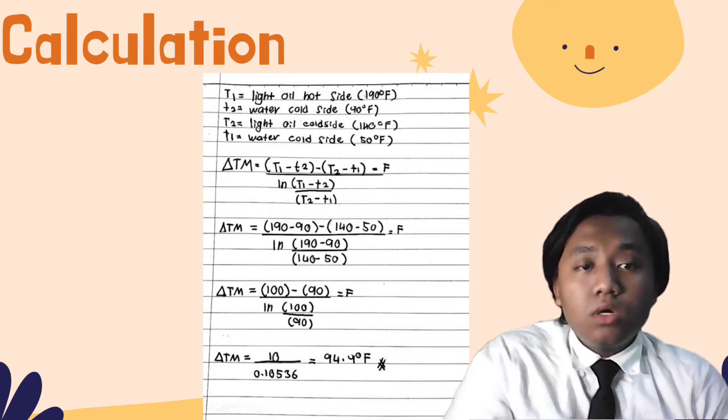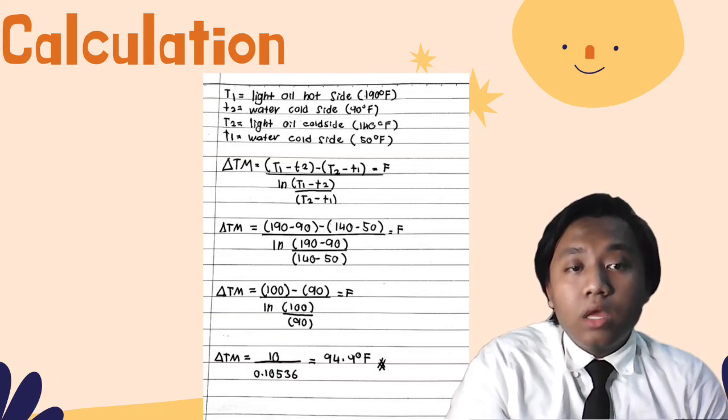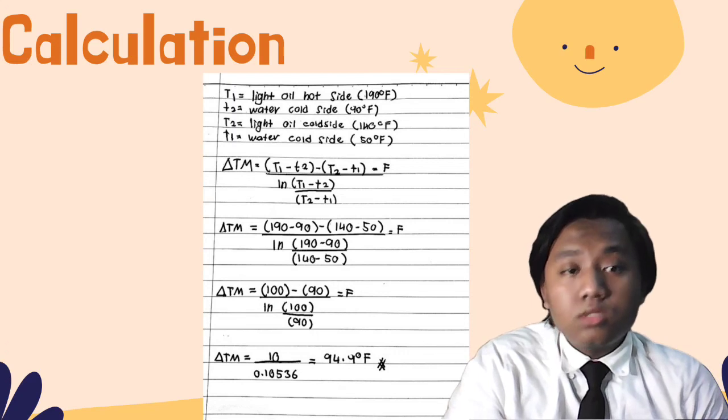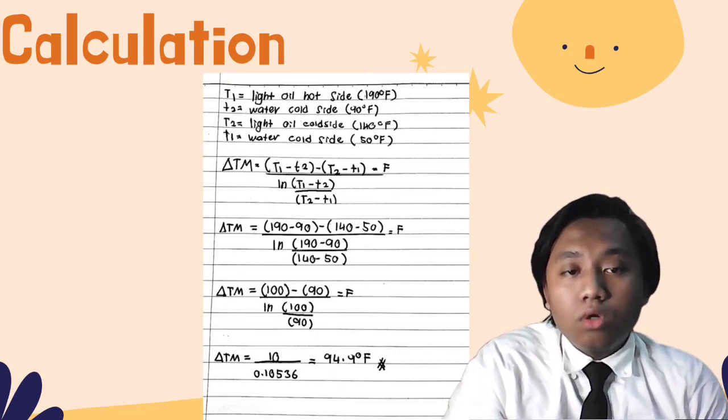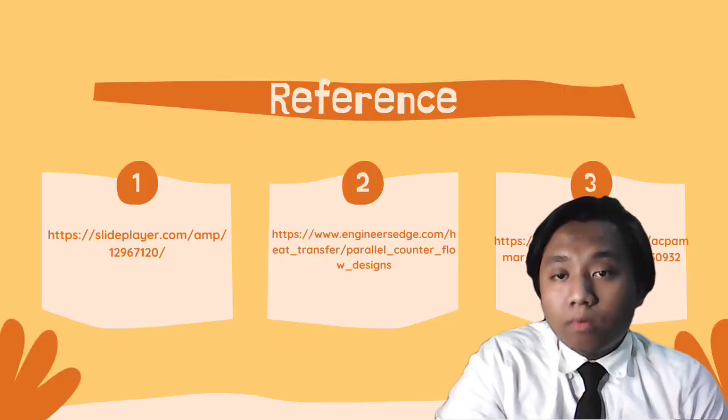The answer is (100 minus 99) over ln of 100 per 99, which is 1 per 0.01005. The final answer is 99.5 Fahrenheit.